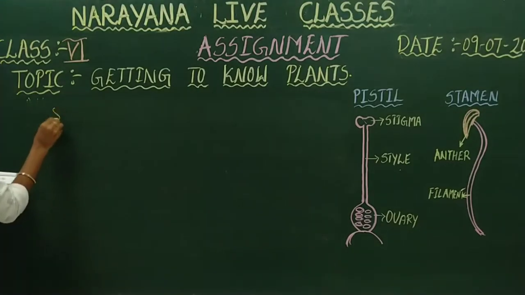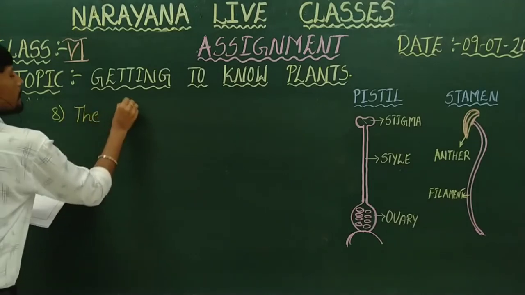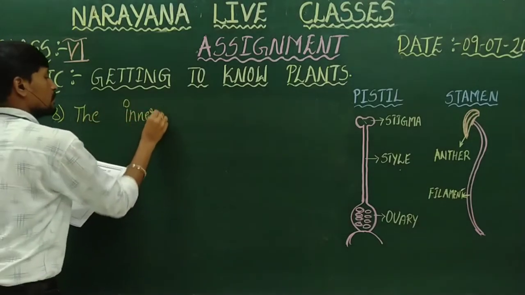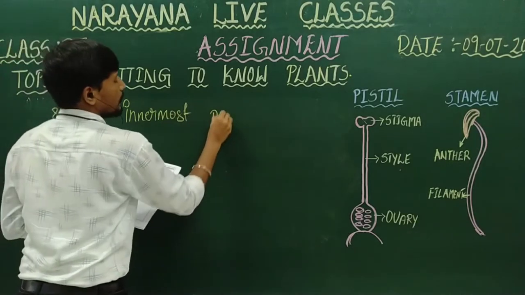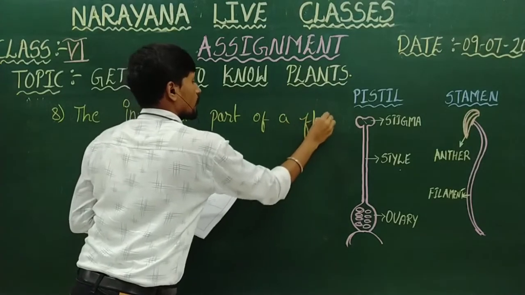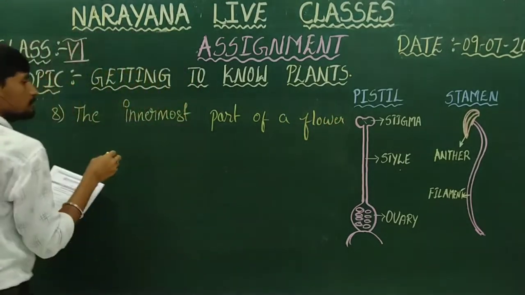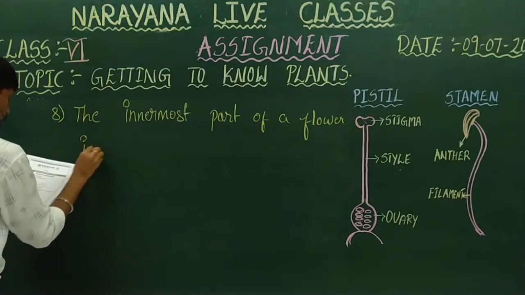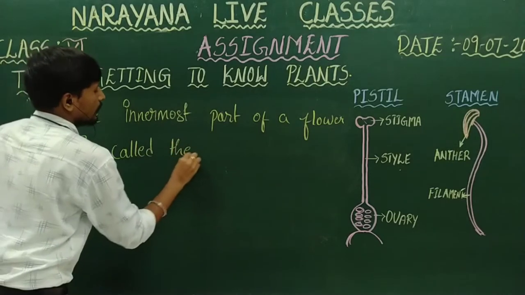Next question, eighth one: the innermost part of a flower is called the dash.